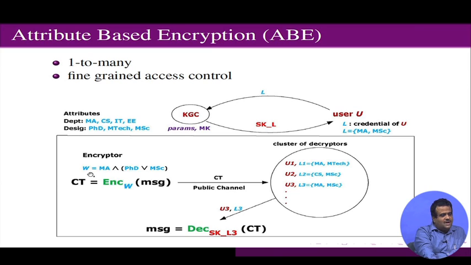This means the student should be MA and the student is either a PhD student or an MSc student. So we want to broadcast a message so that only those students satisfying these attributes can decrypt it.